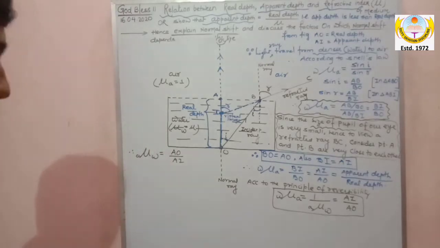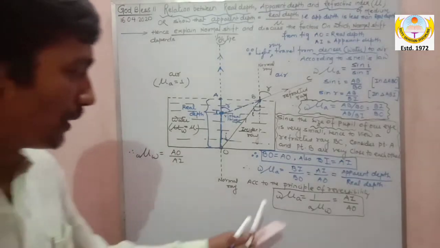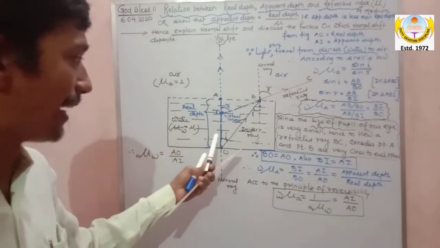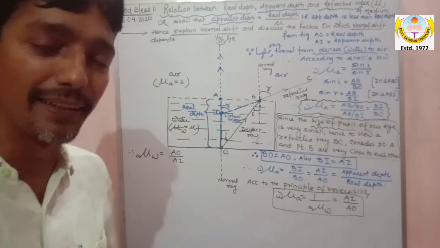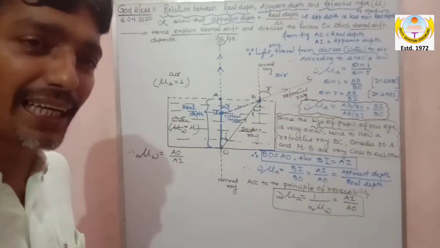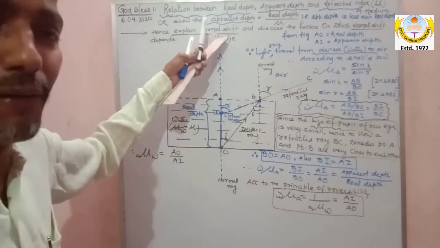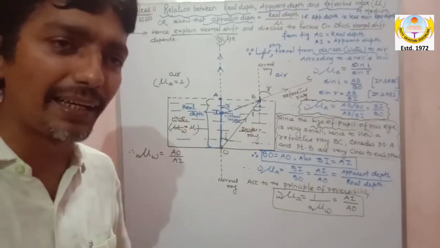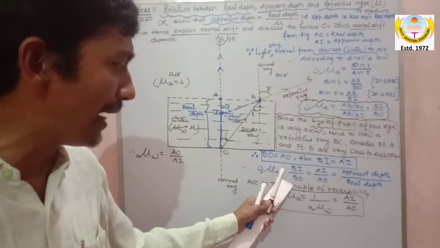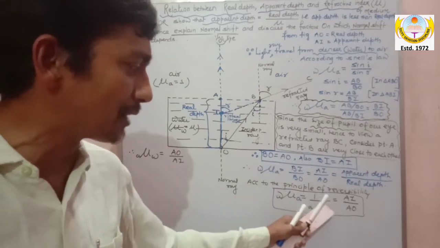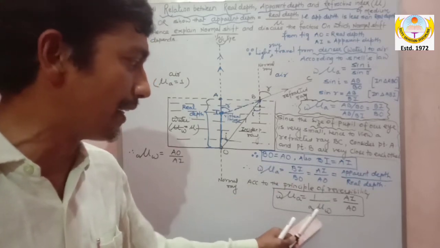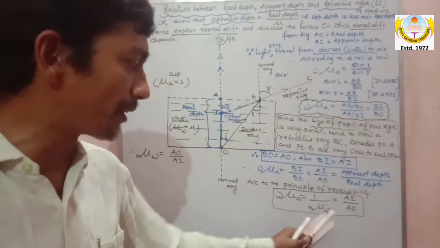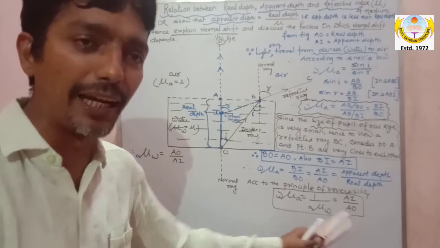I used the principle of reversibility and reversed it because the case was going from water to air, but generally I am interested in going from air to water, as I view from air. So mu of air with respect to water can be changed to 1 upon mu of water with respect to air. But mu of air with respect to water is AI upon AO, so mu of water with respect to air becomes its reciprocal.